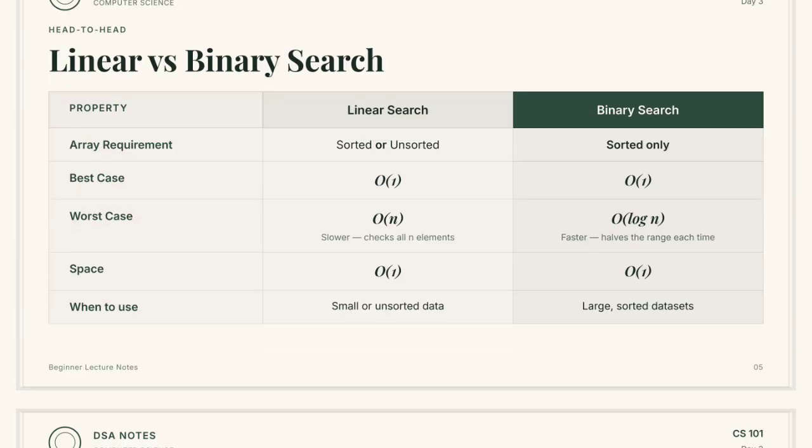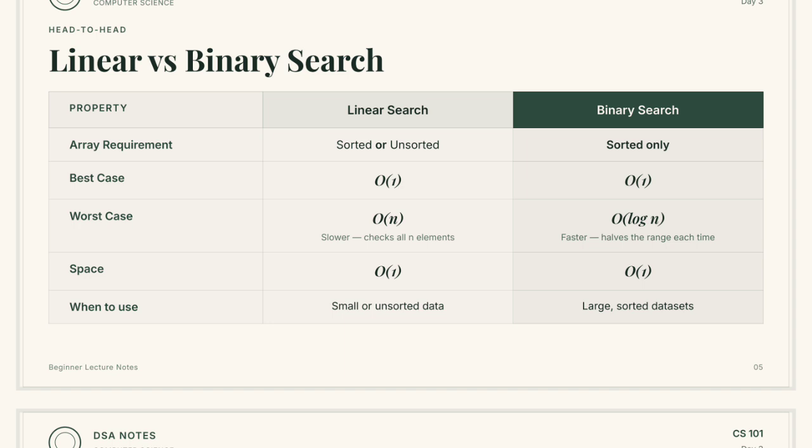Now binary search versus linear search. First, array requirement. Linear search can work on an array, sorted or unsorted.